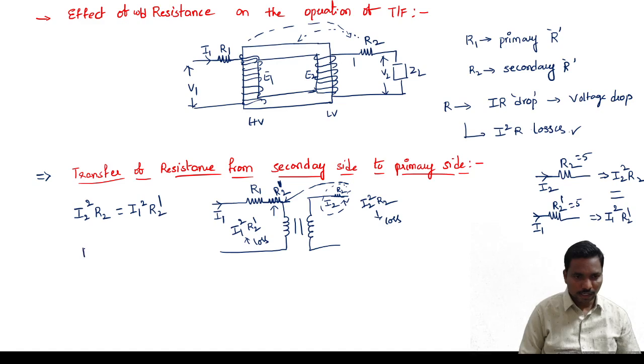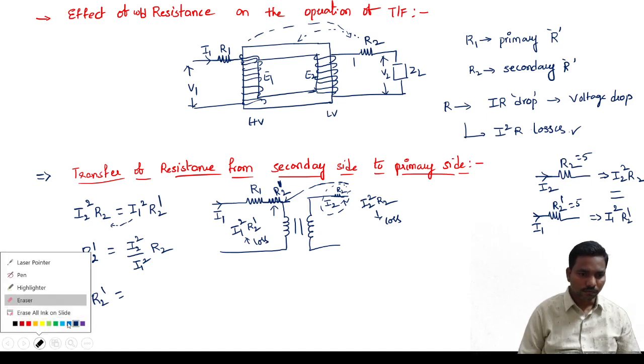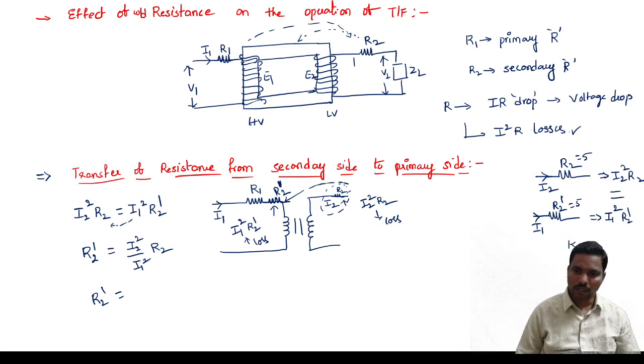From this, I want R2 dash. R2 dash is equal to sending I1 square to this side, so you get I2 square by I1 square into R2. I2 by I1 is nothing but 1 by K, as we know K is equal to I1 by I2.